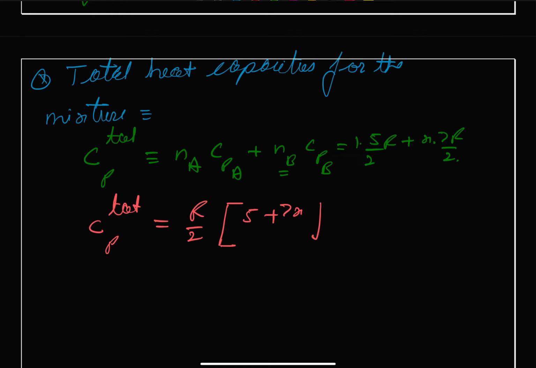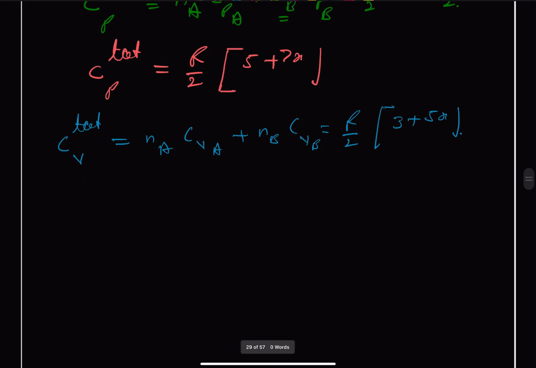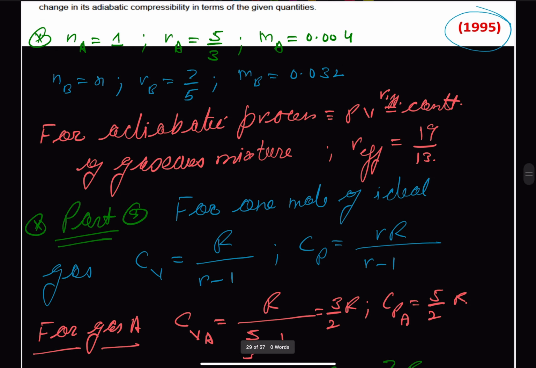Now similarly we can write for our other specific heat, that is based on volume. So we can say for volume total will be equal to NA CV of A plus NB CV of B, and this will come as R by 2 times 3 plus 5x. Now what is given to us, this.